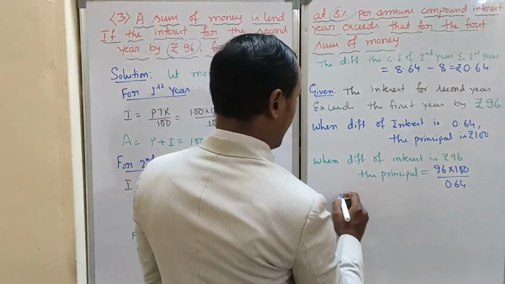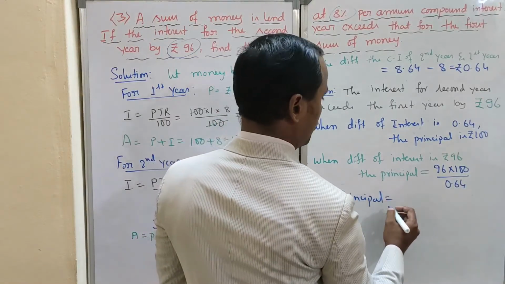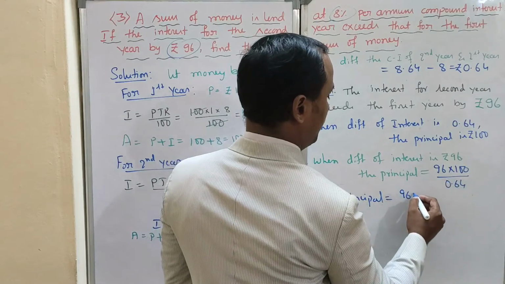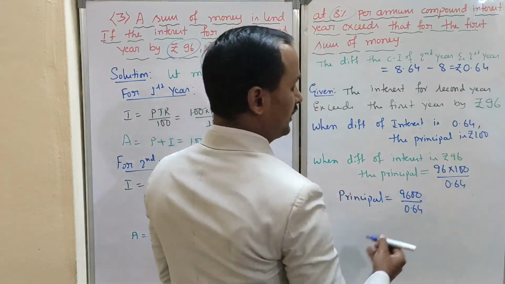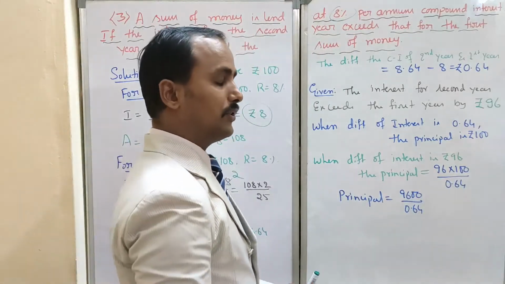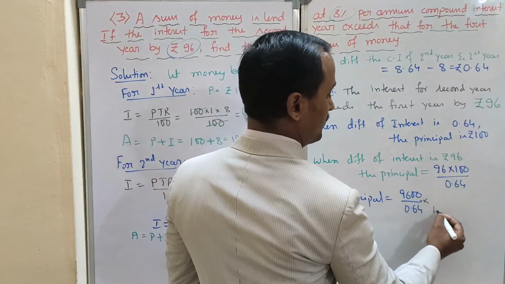Finally, the principal, the money, is equal to 96 into 100, which means 9600, divided by 0.64. To convert the decimal denominator into a whole number, with 2 digits after the decimal point, multiply by 100.